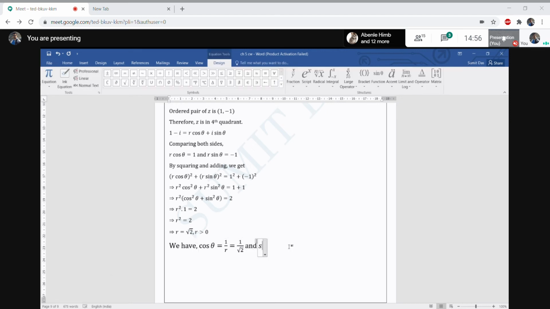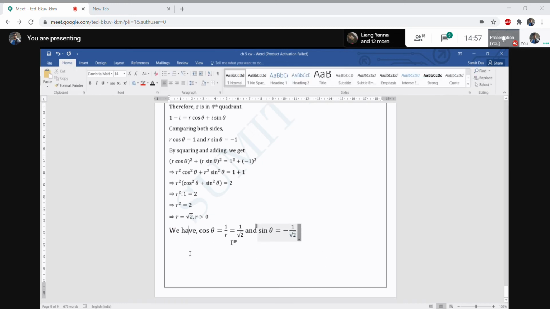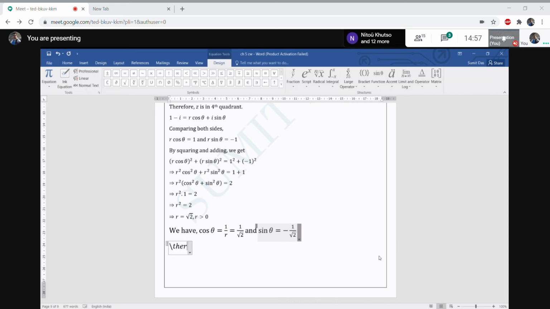And similarly, if you find sin theta, you will get sin theta value minus 1 by R, right? So it will be minus 1 divided by square root of 2. Okay, now therefore, what is the value of tan theta?